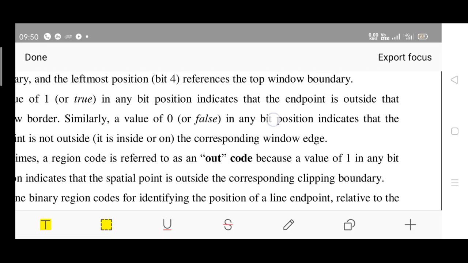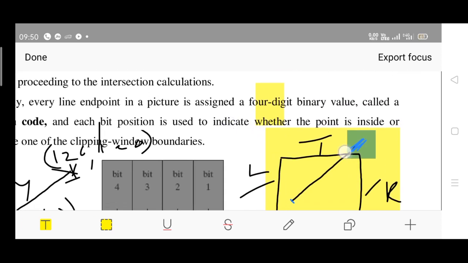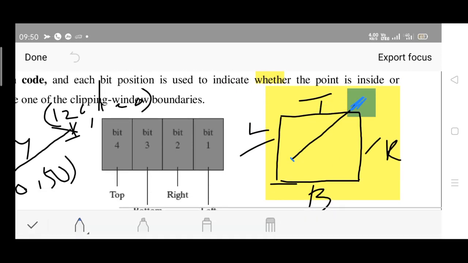Concentrate carefully. The calculation part should involve a test process. What are the tests? First is defining the boundaries, left, right, top as well as bottom. Then tests are conducted: whether the input line segment crosses the left boundary, the bottom boundary, the right boundary, as well as the top boundary. For these 4 different regions, the boundary test should be performed.